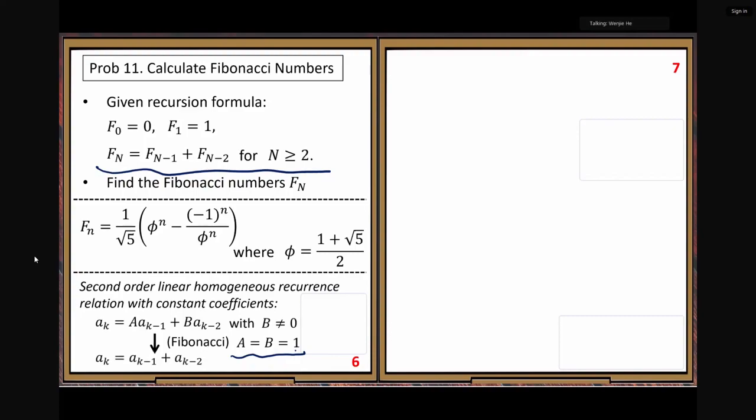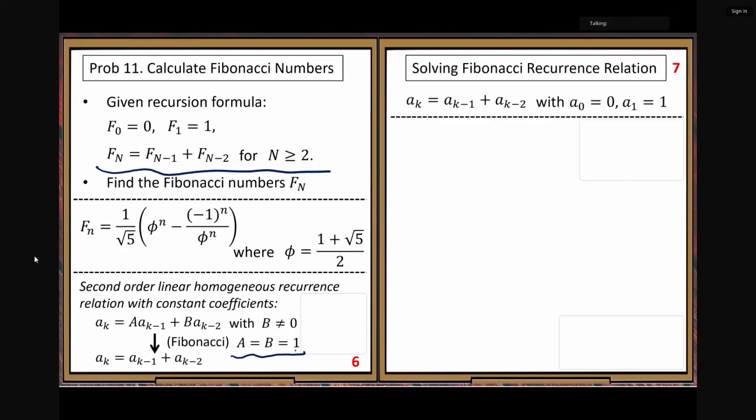Now, we need to solve the Fibonacci recurrence relation. That's our goal. To solve that, from the problem-solving point of view, what should we do?